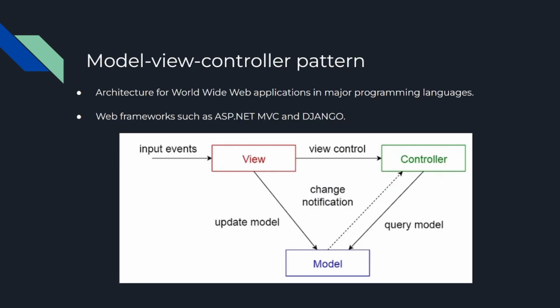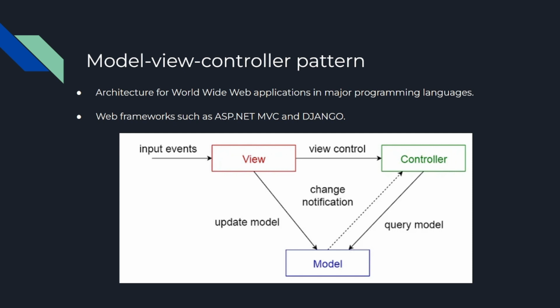Alright, the most favorite is model view controller pattern. This pattern, also known as MVC pattern, divides an interactive application into 3 parts. Model contains the core functionality and data. View displays the information to the user. More than one view may be defined. Number 3 is controller, which handles the input from the user.